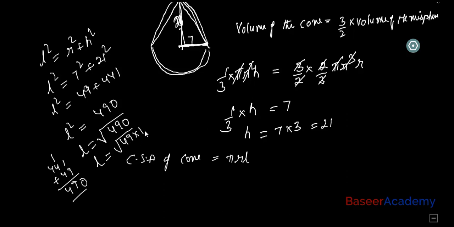I can write 490 as 49 into 10. The root of ab is root a into root b. Square root of 49 is 7, so I am getting the length as 7 root 10.